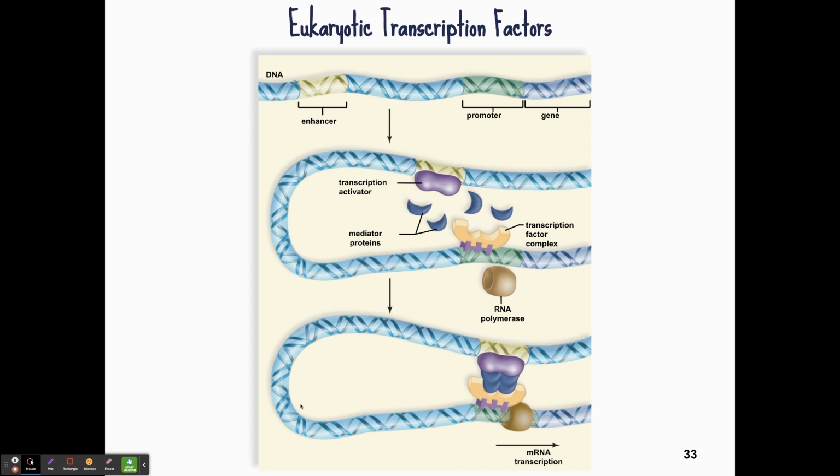If I look here, here are our eukaryotic transcription factors. Here's our enhancer region. We're going to come up to a gene sequence. Here's my promoter sequence, the start of the gene sequence. Then I would have my switch, and here would be my gene of interest. With our transcription activator, when the signal is received, the enhancer region will submit these specific proteins, which will turn our RNA transcription on.